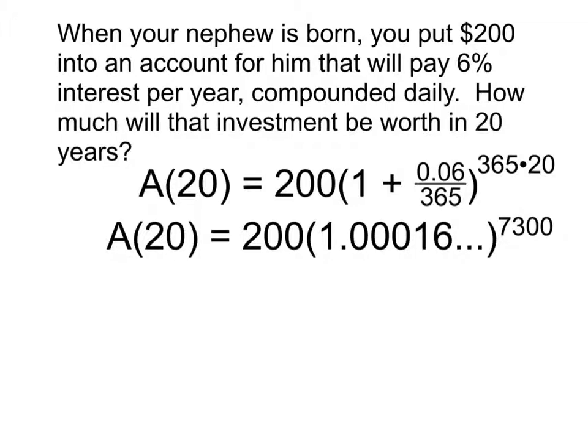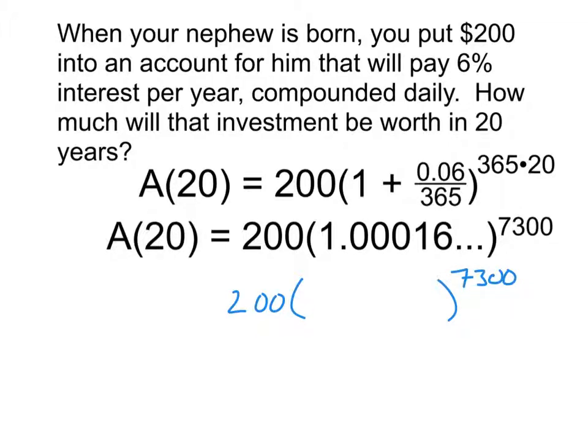All right. So the way that I do these is I actually start by writing down, okay, I'm going to do 200 times, I leave a space for it, and then I do this number. I do the 365 times 20 to get the 7,300. And then I do the calculation in the middle, because I know that the next thing I'm going to be doing is the number to the power of 7,300. It saves me from having to type it in all over again.